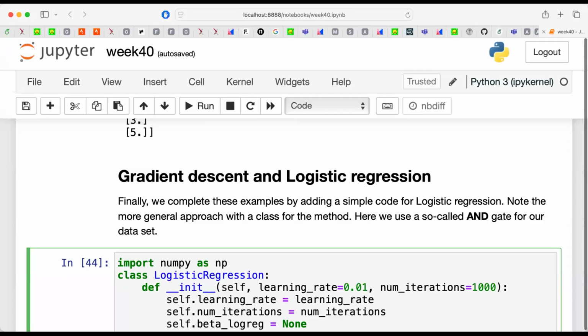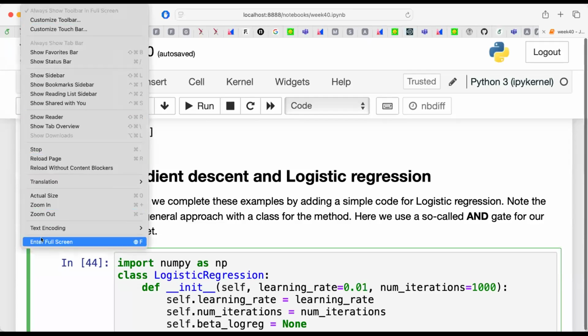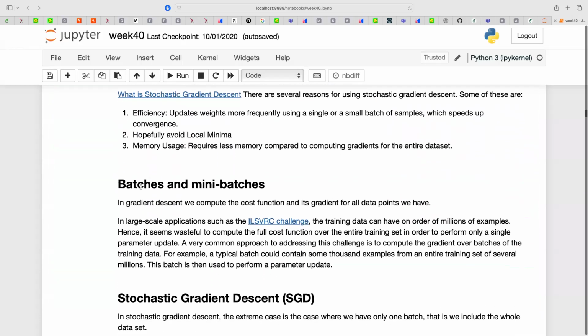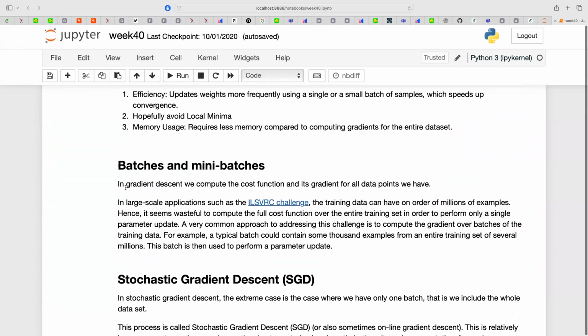So let's go back here. What is normally introduced now is something which is called mini batches.